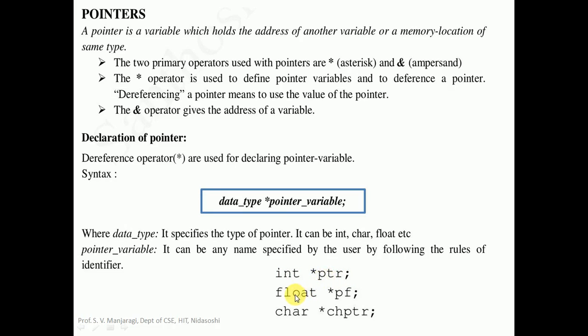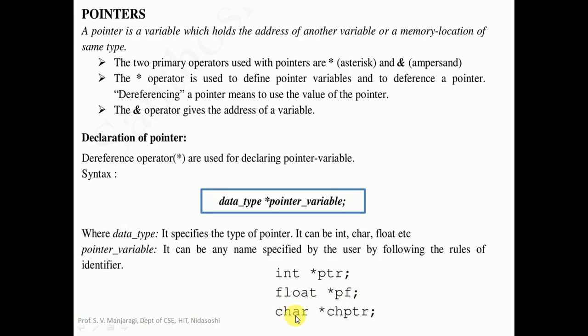In the next statement we can see the data type is float and the pointer variable name is pf. So this star indicates pf is the pointer variable. So this statement is basically declaring a new pointer variable pf of the type float. So this pointer variable can store address of a floating point variable.